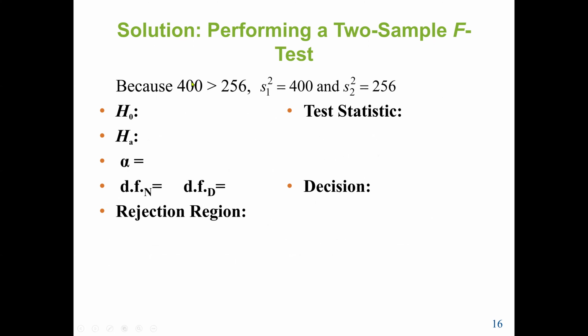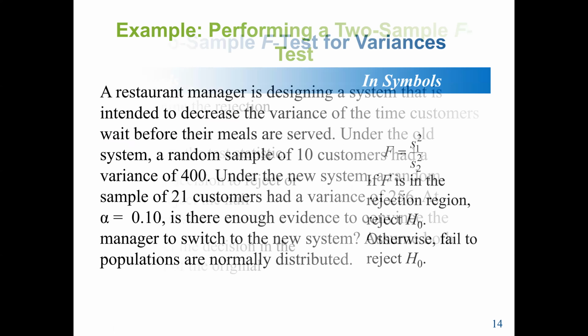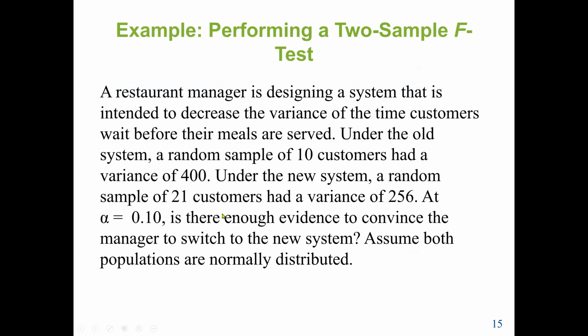So our condition said, okay, is s1 squared greater than or equal to s2 squared? Yes, okay, then we can continue with our testing. So now we say the population variance of the first population should be less than or equal to the second population variance. Because based on the question, we want to test: is there enough evidence to convince the manager to switch to a new system, assuming the populations are normally distributed?